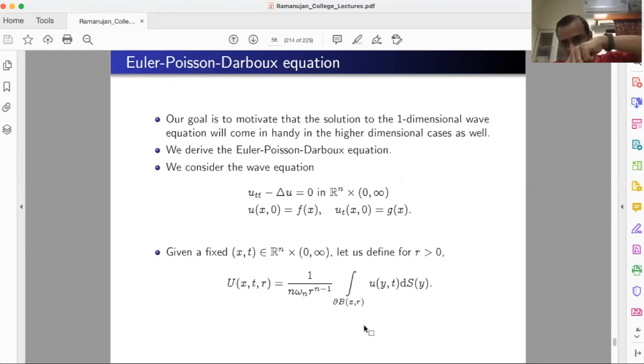With that point, I draw a sphere of radius r, and then I consider the spherical average. Remember that t is fixed for the discussion. So there is no average taking place as far as the time variable is concerned. Only in the x variable there is a spherical average. So this is my u(x, t, r).